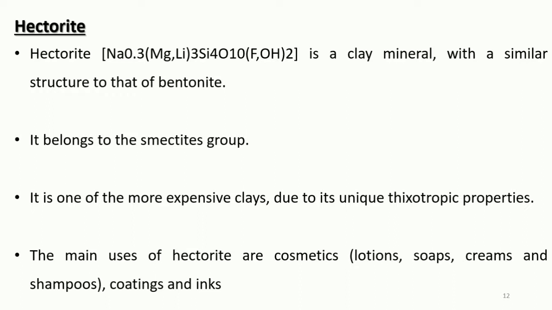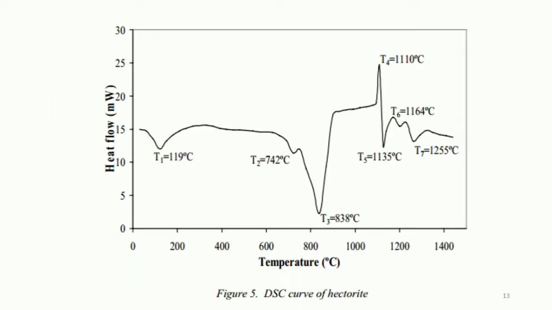So dolomite is also included as a kind of second ore with the hectorite. Thus, most published thermal analysis curves reflect the thermal behavior not only of the hectorite but also of the carbonates. This figure shows a typical DTA curve of hectorite.